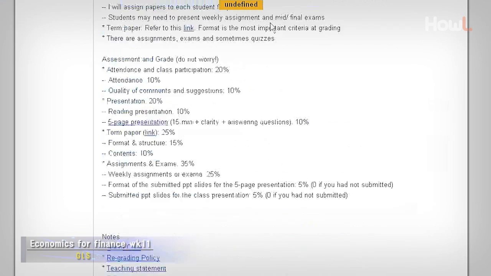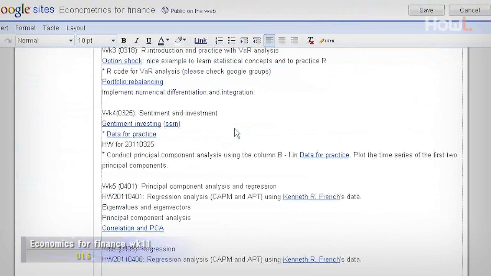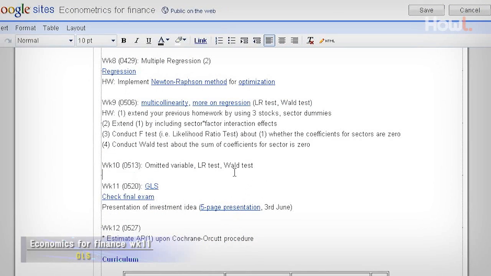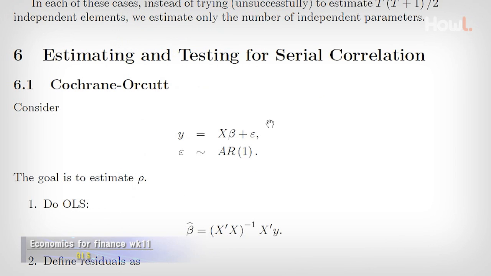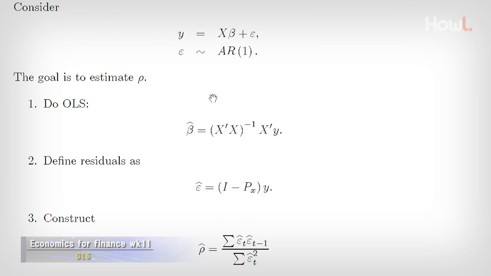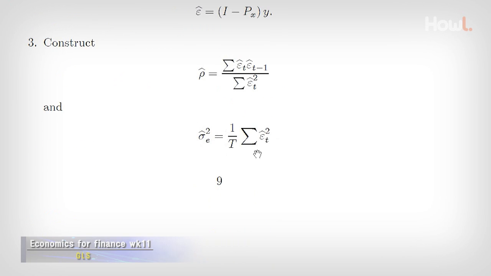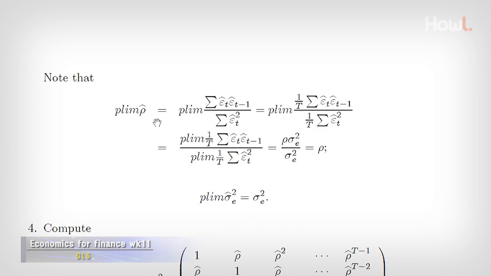So from the Fama-French regression, you collect the errors and simply calculate those ratios, and that is your estimate of the AR(1) parameter. And for the variance of the white noise, you have this one, where T is the number of observations in your Fama-French regression. So it is very easy to do.